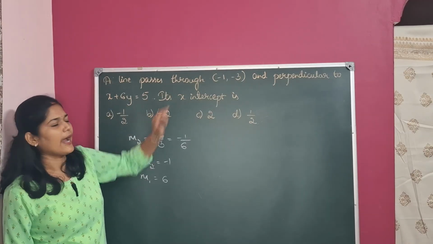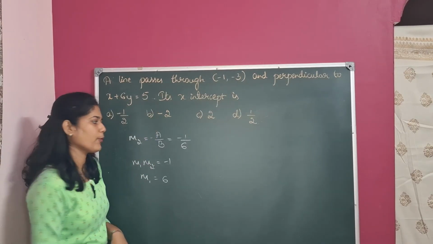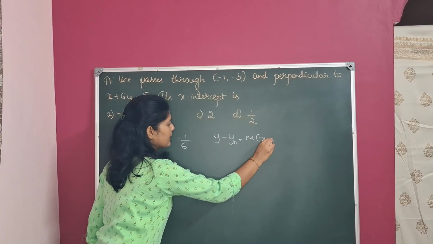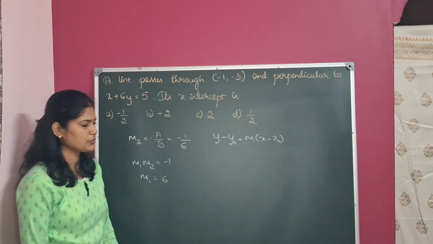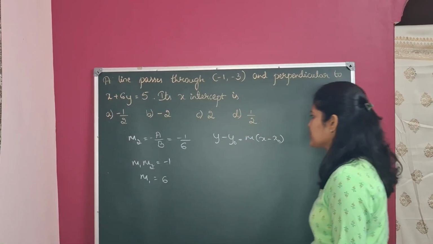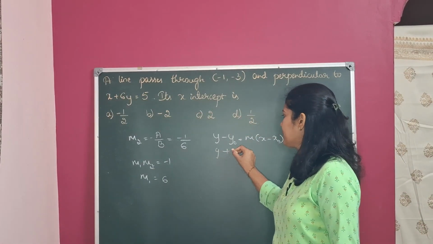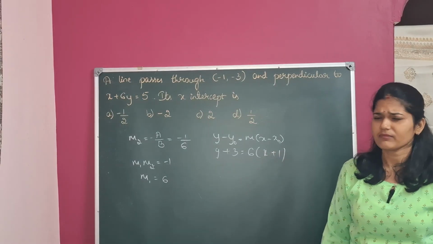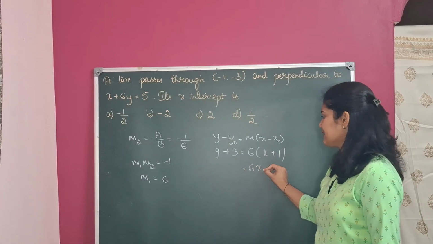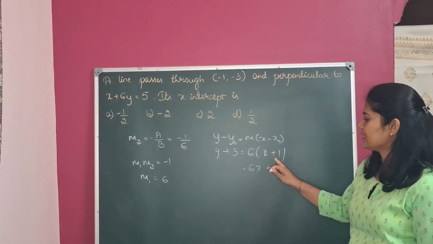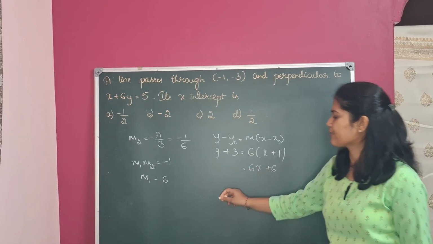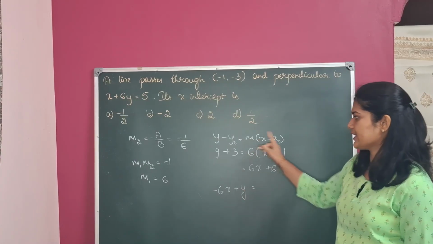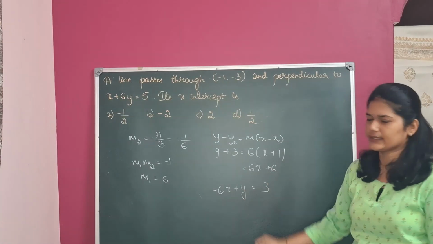We have the slope and the point, so by using slope point form, that is y minus y naught is equal to m into x minus x naught, if we substitute the value, then the equation of line will be y plus 3 is equal to 6 into x plus 1. If we simplify this, it will be 6x plus 6. Keep 6 as it is. If we shift this, minus 6x plus y is equal to 6 minus 3, that is 3.